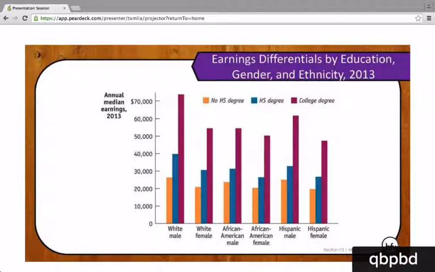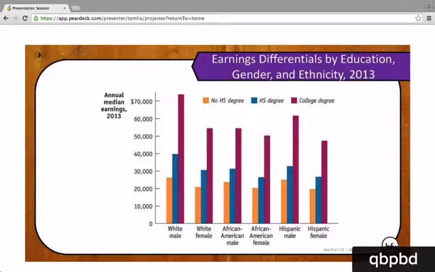For example, here we have differences in wages by education, gender, and ethnicity as of 2013. Now, you can see that white males tend to earn more than white females. African American males earn less than white males. African American females earn less than African American males, and Hispanic males and so forth.